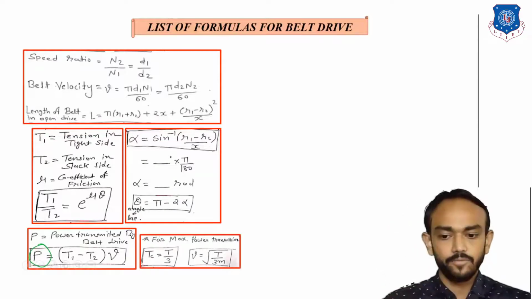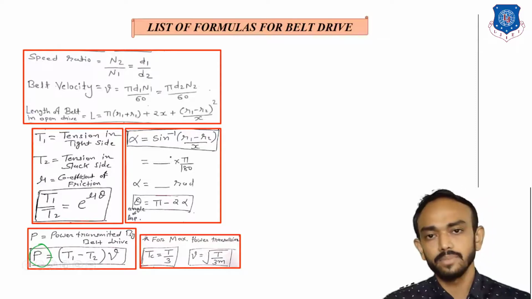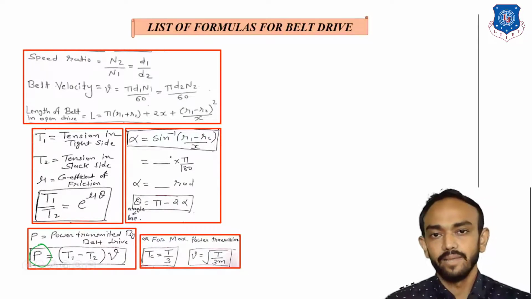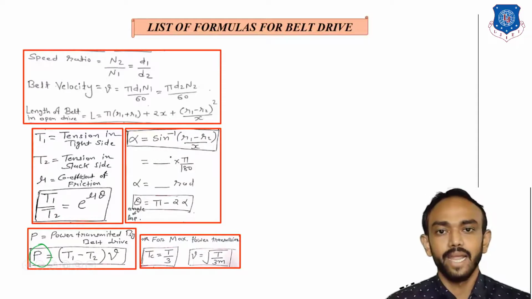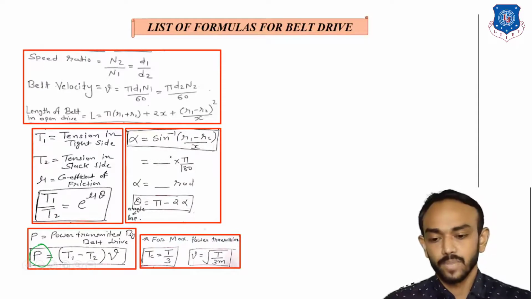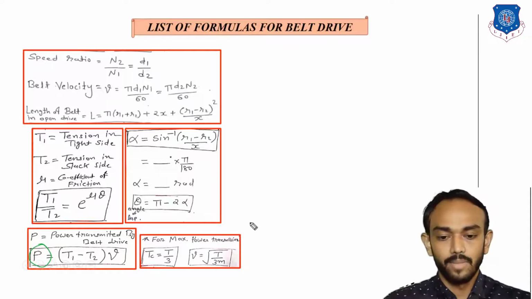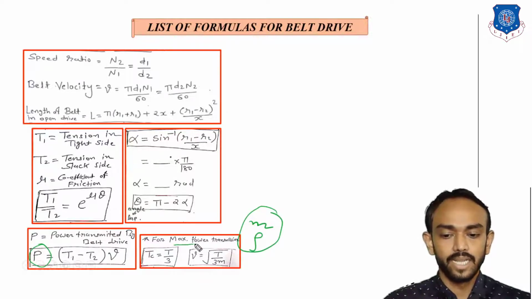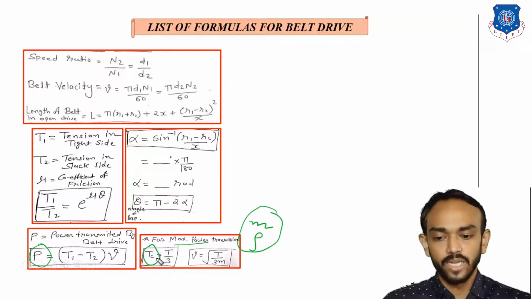Now next is maximum power transmission. Sometimes they ask to find the maximum power, and if they mention centrifugal tension, and the mass and density are given, then in all the relations we have to consider the centrifugal tension, because centrifugal tension is equal to maximum tension divided by 3.